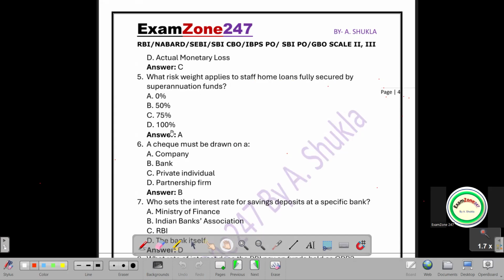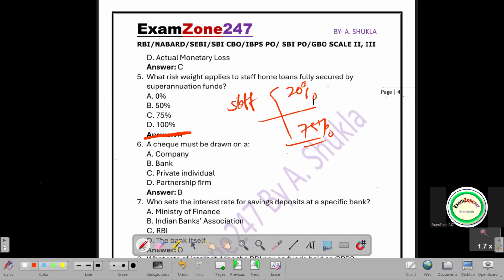The answer is incorrect because the option is not there. A staff loan can have a risk weight of 20% or a risk weight of 75%.